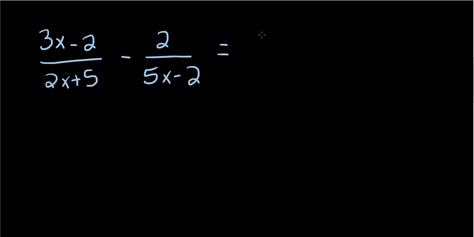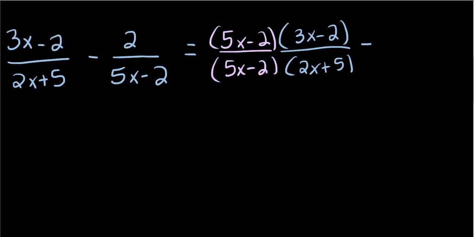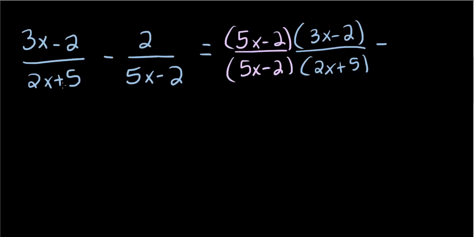So the first one, I'm going to multiply it by (5x minus 2) over (5x minus 2), and then times (3x minus 2) over (2x plus 5), minus the second one, I'm going to multiply it by (2x plus 5) over (2x plus 5).